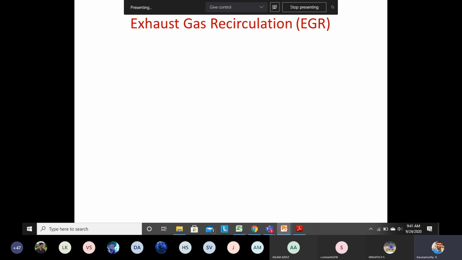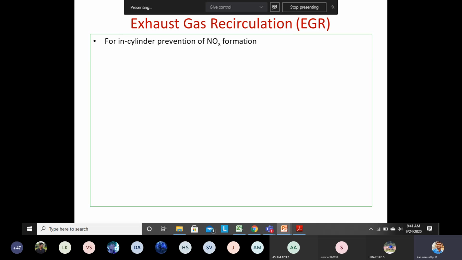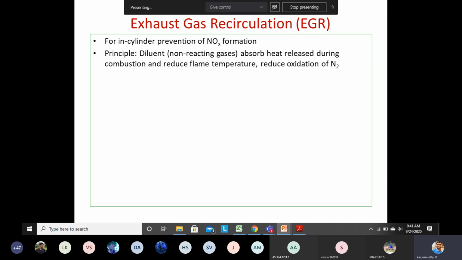So if you want to concentrate on removing the NOx, then another method is available to remove the NOx from the engine exhaust, right? That we call exhaust gas recirculation. In the case of exhaust gas recirculation, what we are trying to do is that part of the exhaust gas that is leaving through the tailpipe is going to be brought back and provided as an input in the intake manifold.